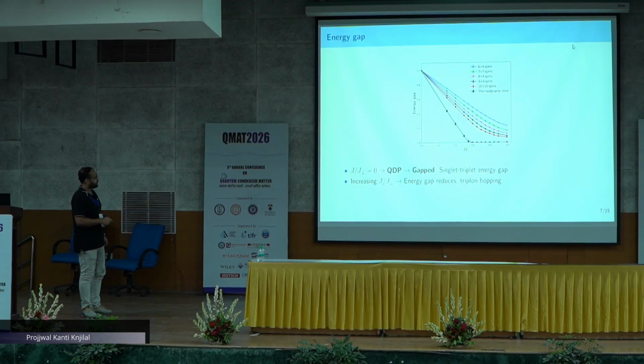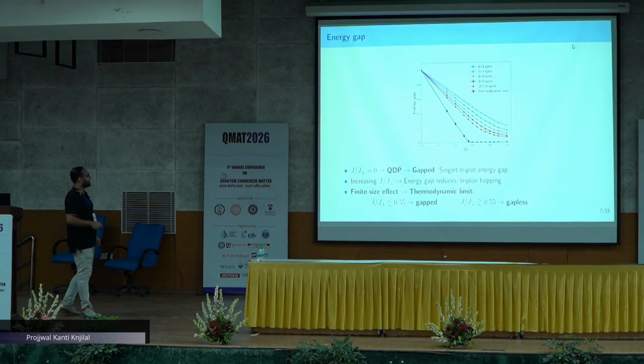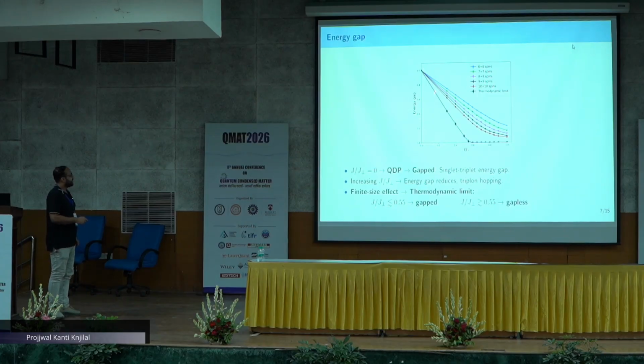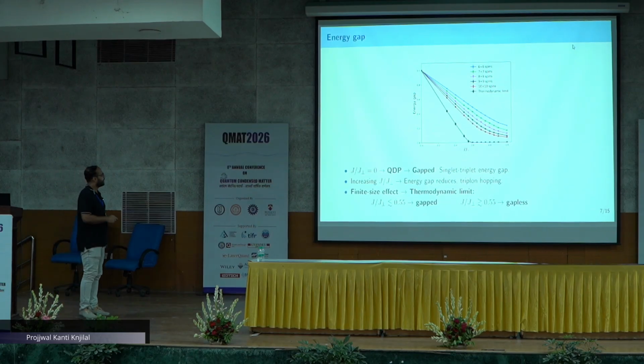In the thermodynamic limit, you can see there's a strong finite size effect, and one can eliminate that using finite size scaling. And this black curve, if you see, at around 0.55, goes to 0. So basically we get a phase transition between a gapped quantum dimer paramagnet and the gapless quantum spin glass phase.